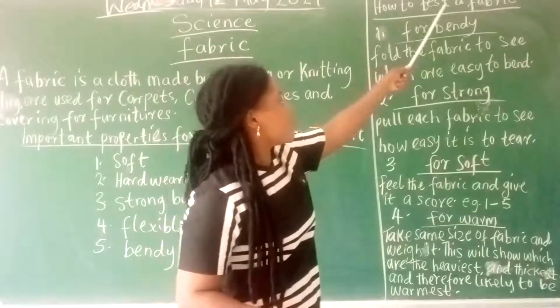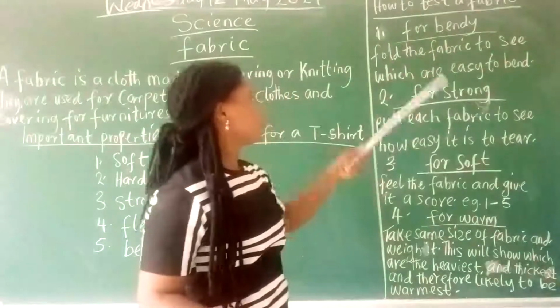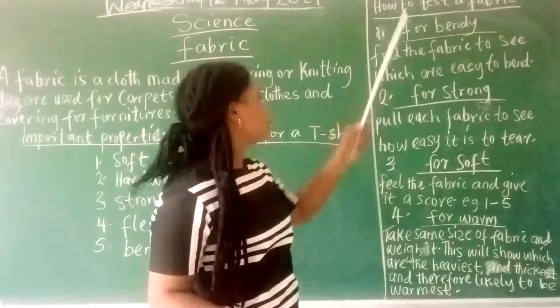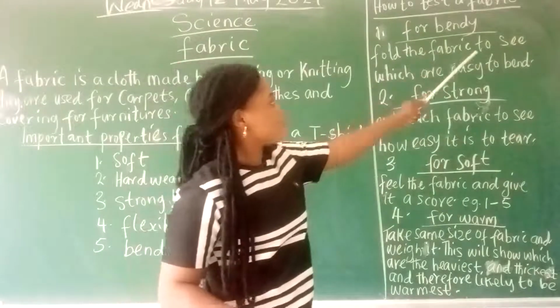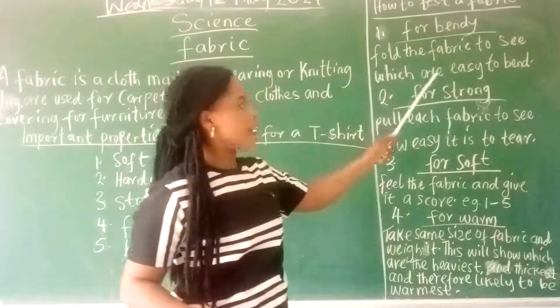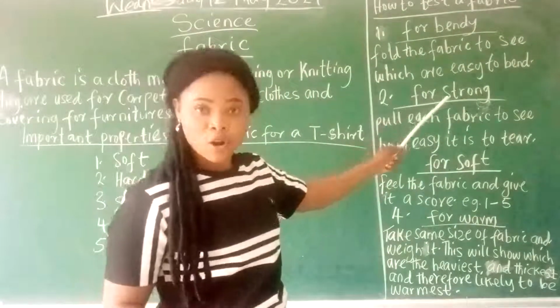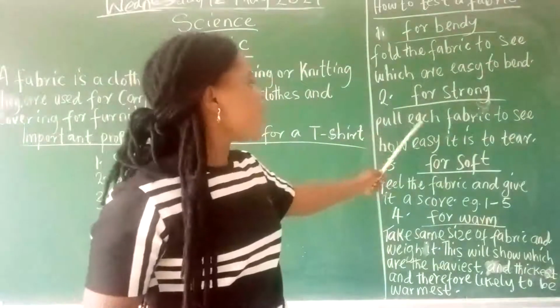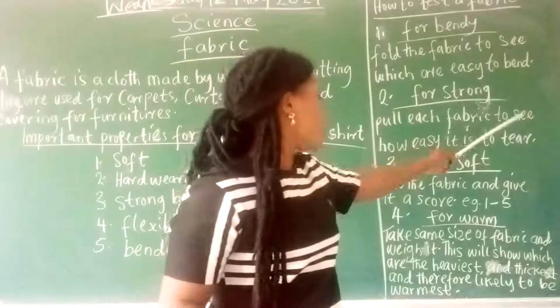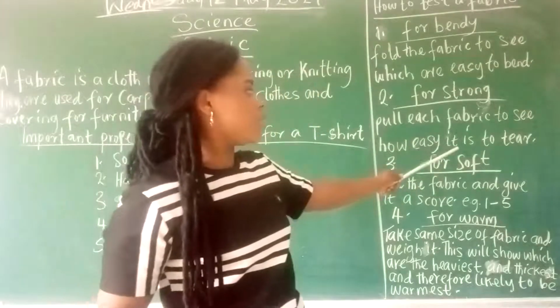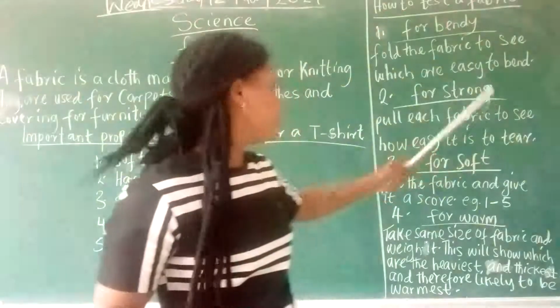How to test a fabric. One, for bending, fold the fabric to see which are easy to bend. For strong, pull each fabric to see how easy it is to tear.